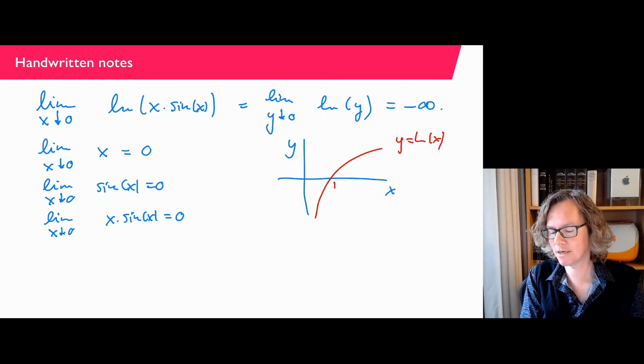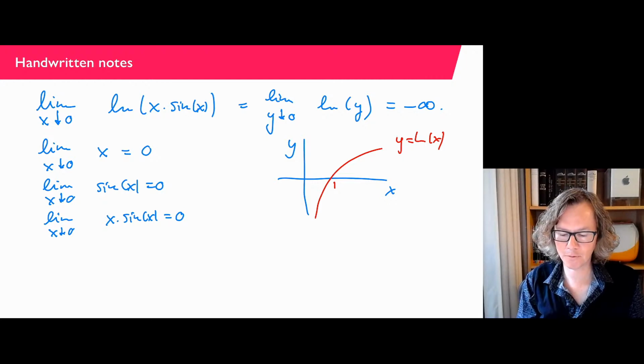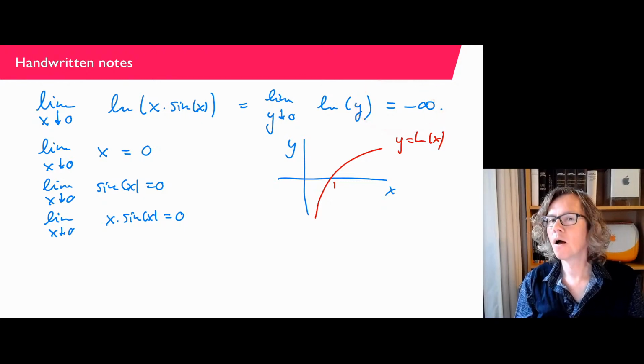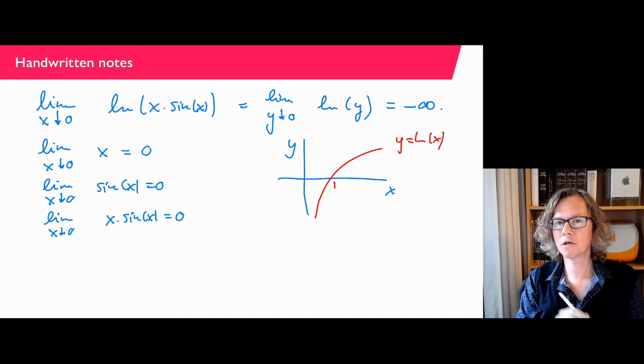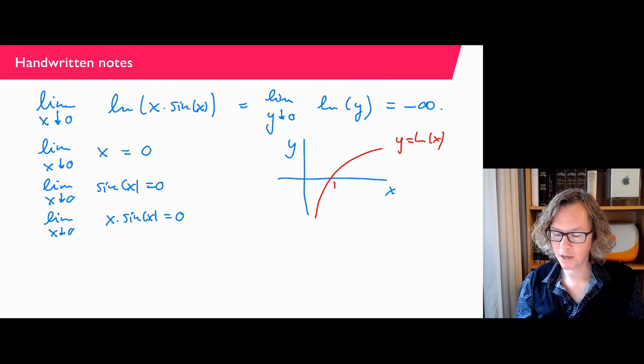Some people say it does exist, but the value is minus infinity. Our current textbook says the limit does not exist, and as additional information, it equals minus infinity. So if you would like to draw the graph, then you know that you have to draw it like this, going to minus infinity.